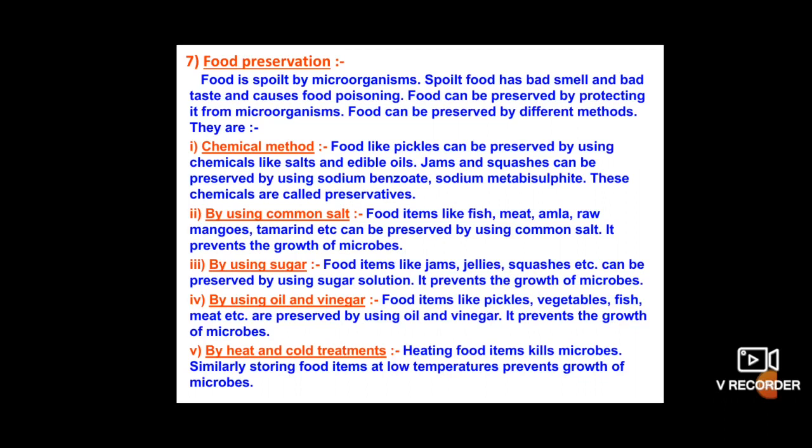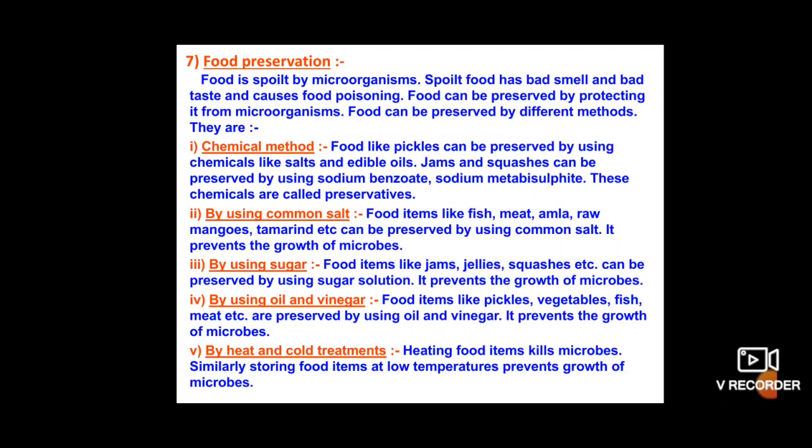Some of the chemicals are used in different varieties of food like jams and squashes. These are preserved by adding sodium benzoate and sodium metabisulfite.